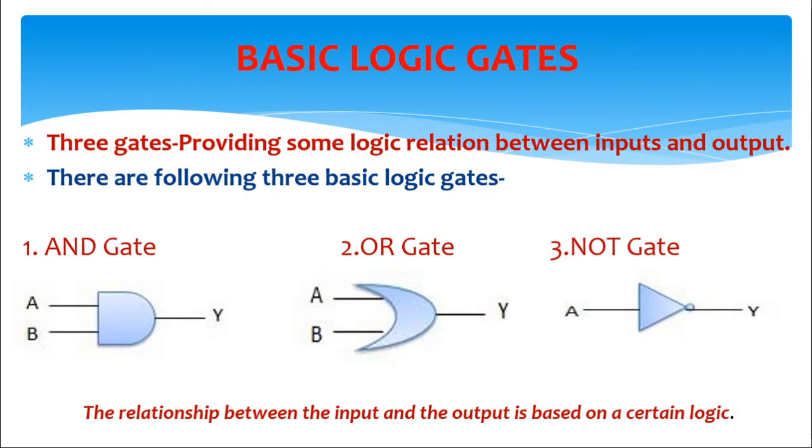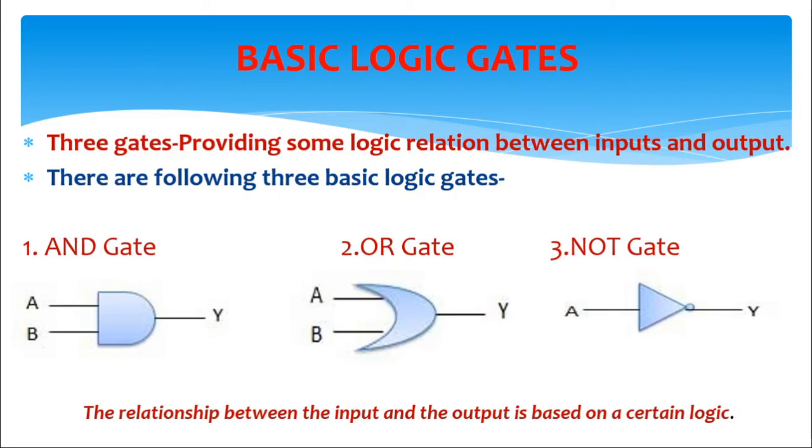Basic logic gates. There are three basic operations in digital systems. The three basic logic gates that make up a digital system are OR, AND and NOT gates. The relationship between the inputs and outputs is based on certain logic.